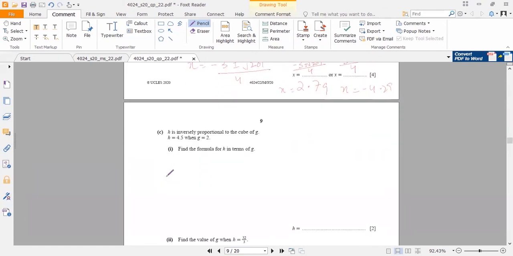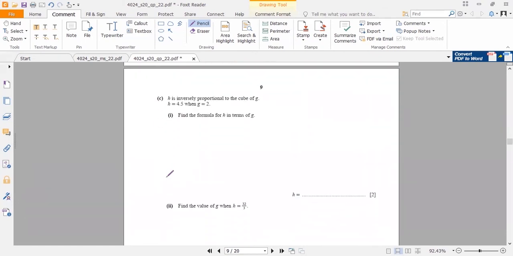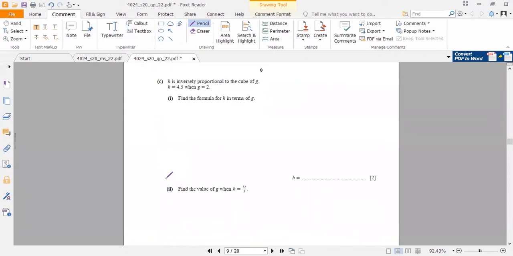Now come to the part C. H is inversely proportional to the cube of g. H is inversely proportional to the cube of g, right? So obviously we know that we need to put the constant k over here.